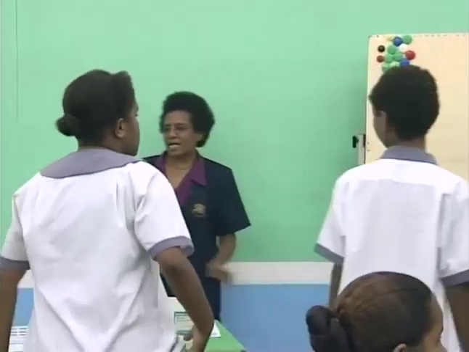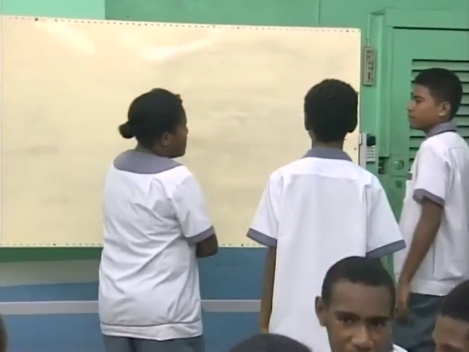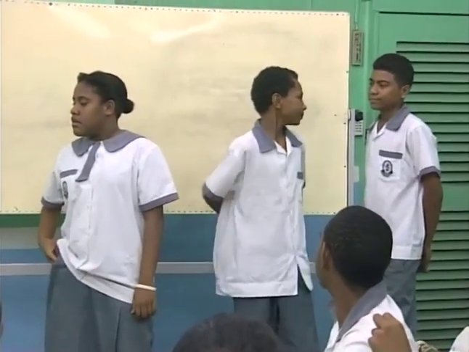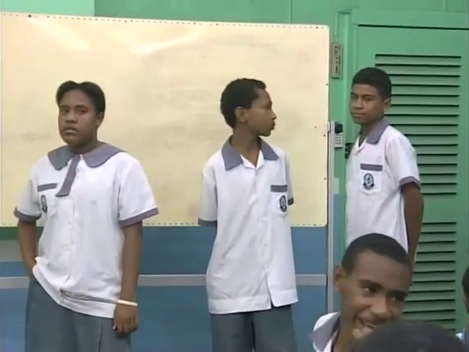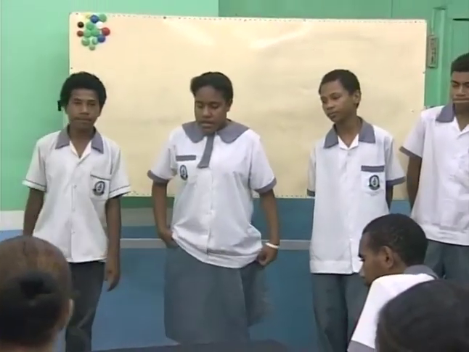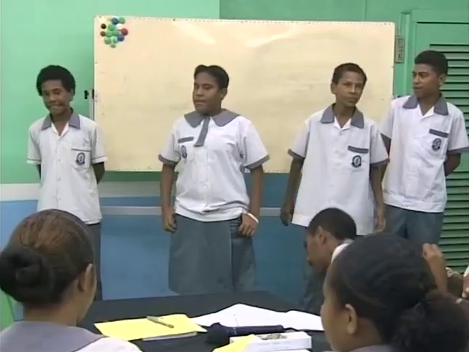Now, I'd like the class, as well as you, the receiving students, to observe closely to see what our friends are going to do for us. Okay, let's see, I have a line here. Now that's my line. Let's see what these are going to do.